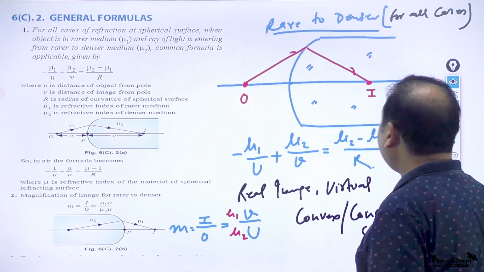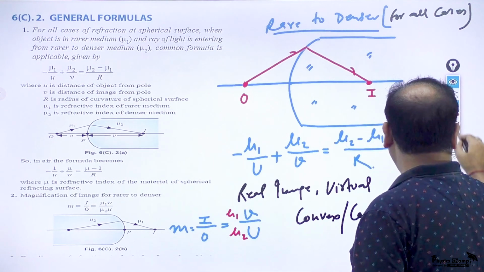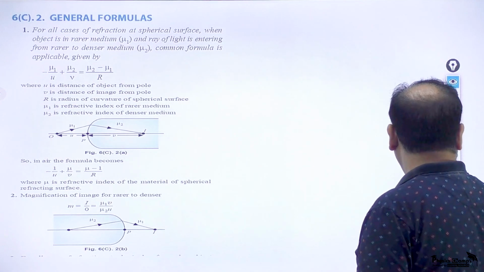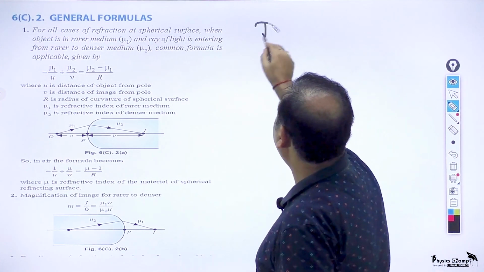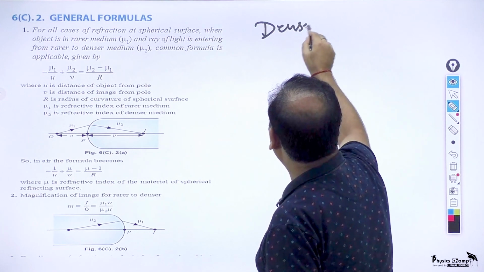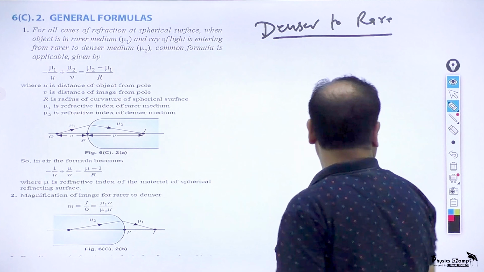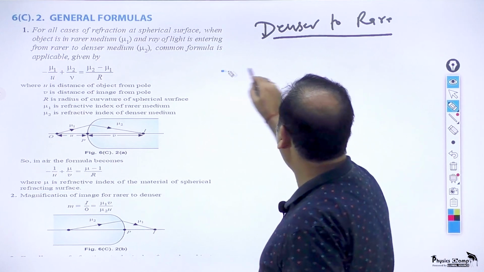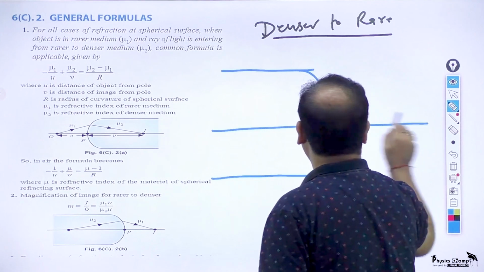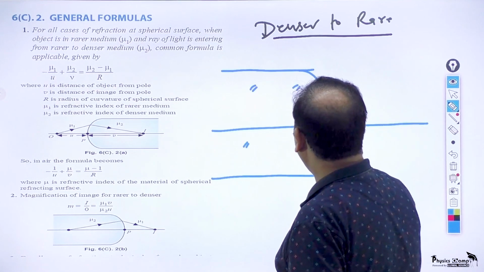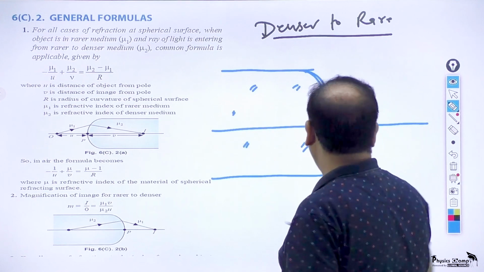And now let's take a situation which is reversed. If we talk about a situation which is reversed, it means think of all cases of denser to rare medium. So this time we'll talk about that as though this light beam is now traveling from denser medium to rare medium.